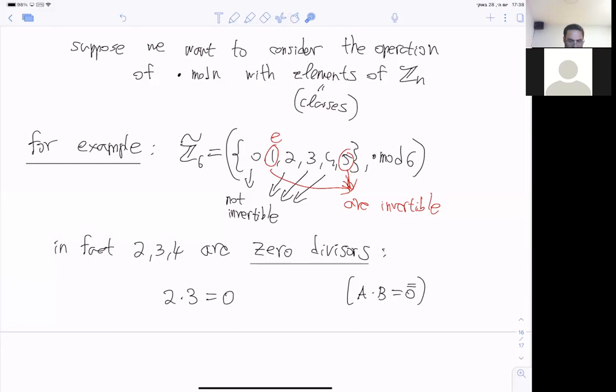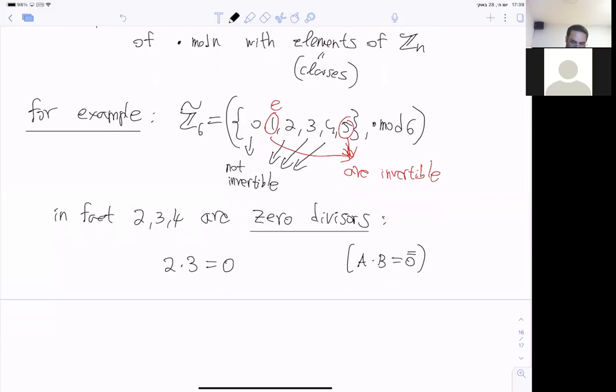So if we have AB equal to AC, you cannot deduce that B is equal to C.